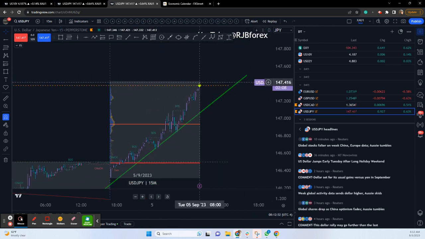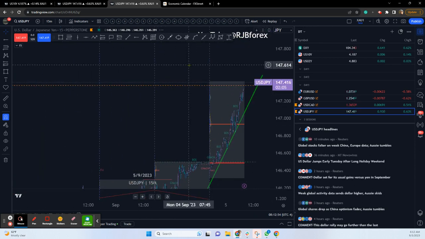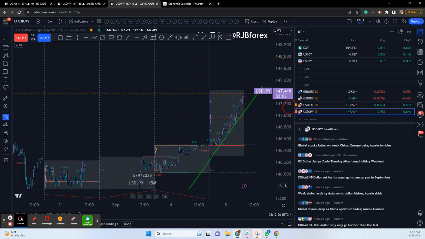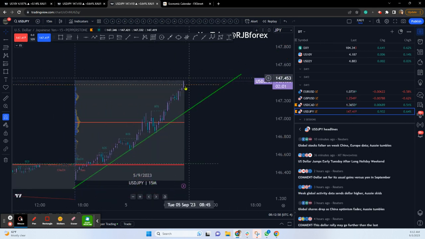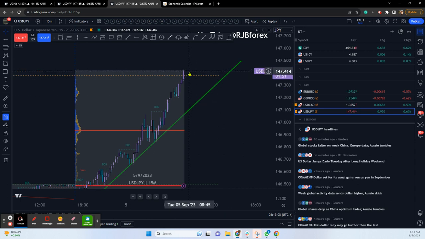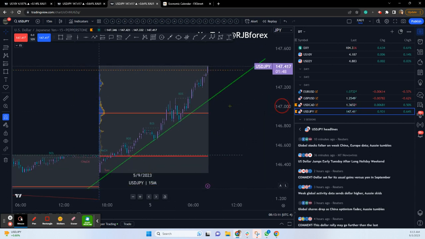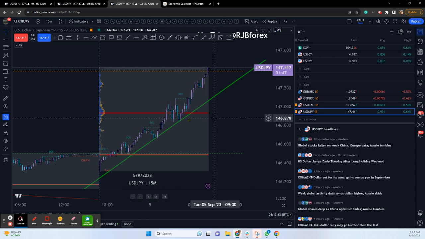Right here, you see we're pushing through last week's highs. So in doing so, we're dragging higher time frame traders and breakout traders to the upside, and usually we get the squeeze in the opposite direction in such a scenario.